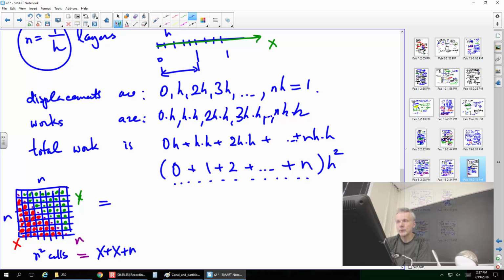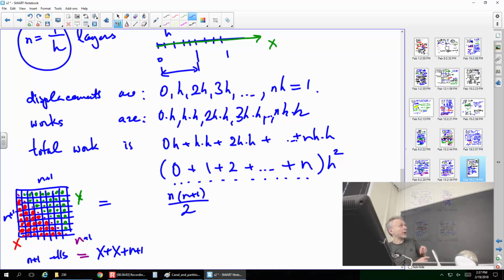Well, it's almost correct. It's actually n plus 1 over here. N plus 1. Because it starts with 0, we actually have n plus 1. Okay, so x is n plus 1. Okay, so long story short, this summation is equal to n plus 1 over 2.